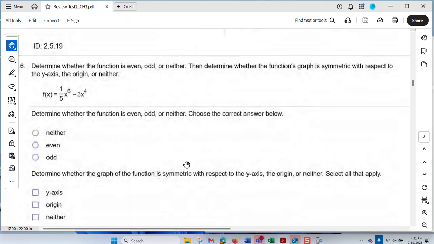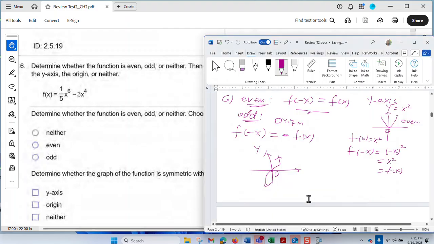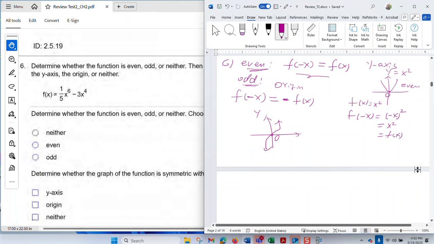Okay, given this concept, now we're going to come back to do this one, right? According to this concept, I'm going to calculate my f of negative x. So f of negative x, replace x by negative x.